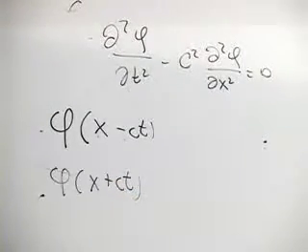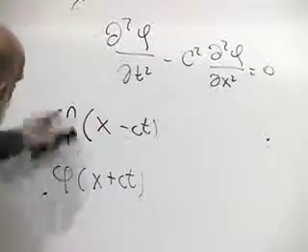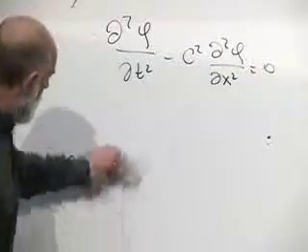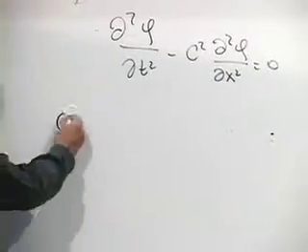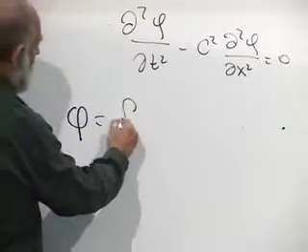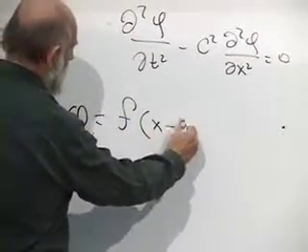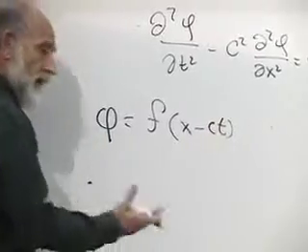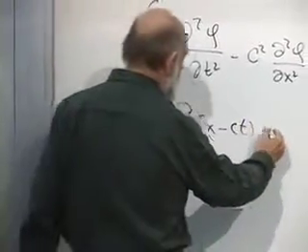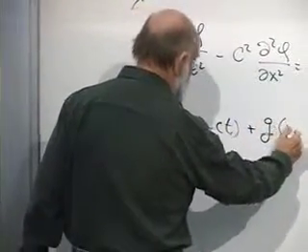Doesn't have to be the same function. Take any function. Let's call it f. Let's not call it phi. Let's write phi is equal to any function of x minus ct. In fact, you can add plus another function of x plus ct.